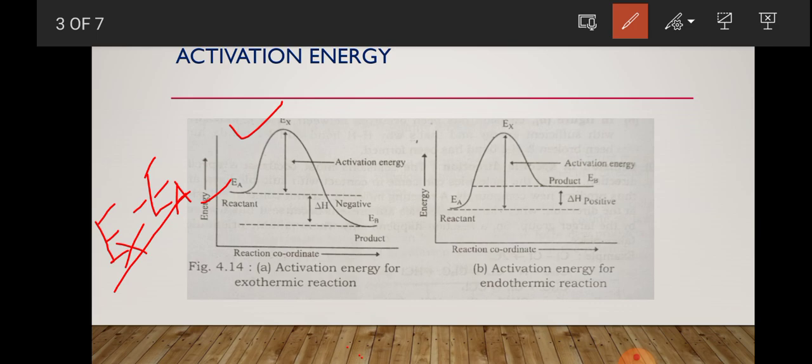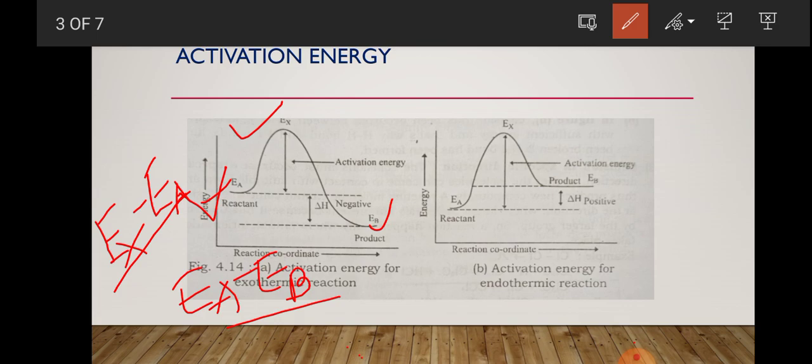When potential energy of reactant, that is EA, is more than that of product, that is EB, then residual energy, EA minus EB, comes out.